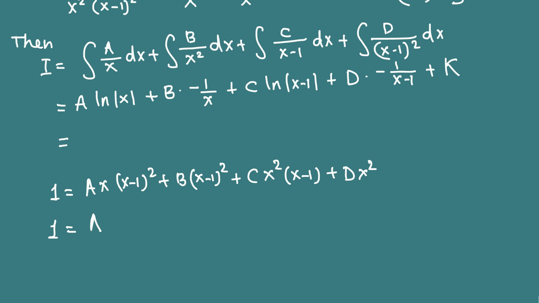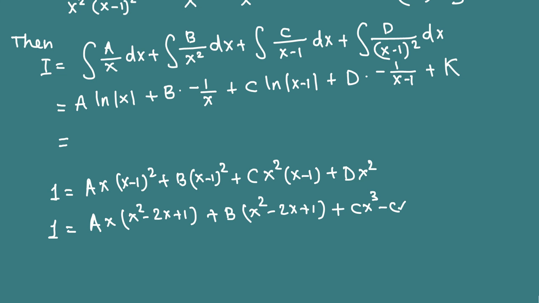So ax multiplied by x minus 1 squared: x squared minus 2x plus 1, plus b, same thing, x squared minus 2x plus 1, plus distribute cx cubed minus cx squared plus dx squared.